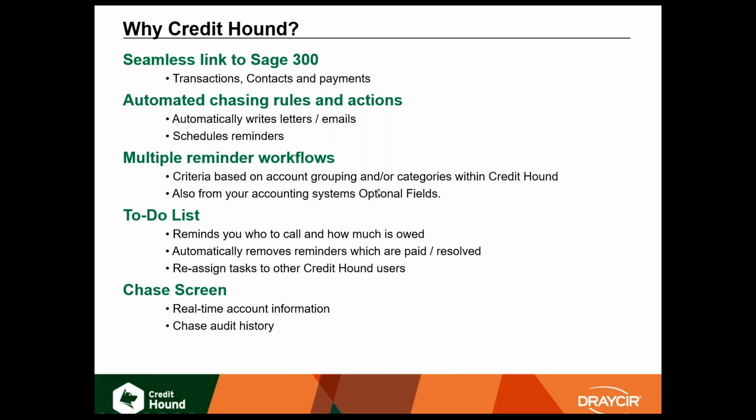That just means you can start to group or categorize your accounts, and they'll come straight through into Credit Hound anyway. That will help you from a reporting point of view in Credit Hound or in Sage 300 regardless. And I know Will mentioned the Zap webinar coming up next. Zap would be able to use the optional fields as a slicer for any of those reports you're looking at. So it's useful for Credit Hound, standard Sage 300, and also Zap too.